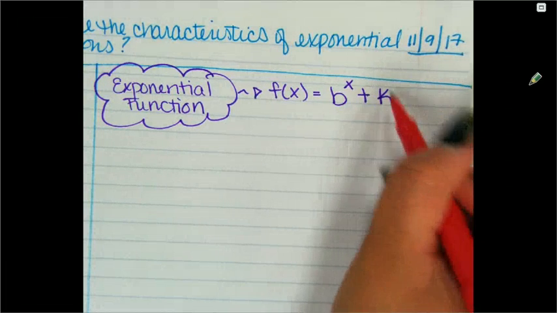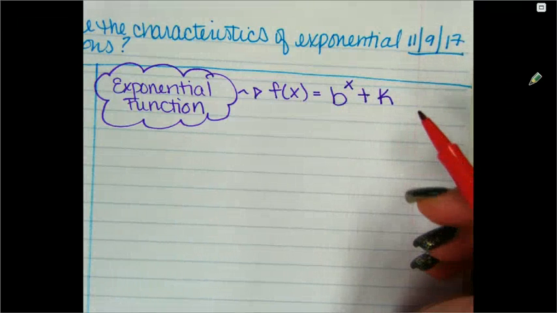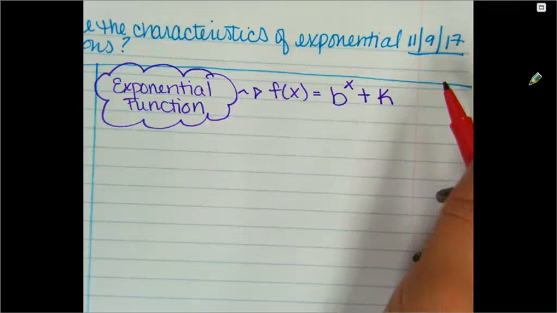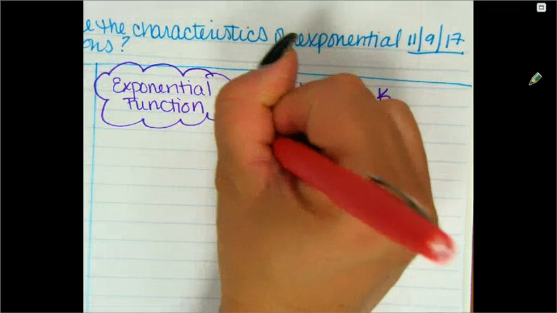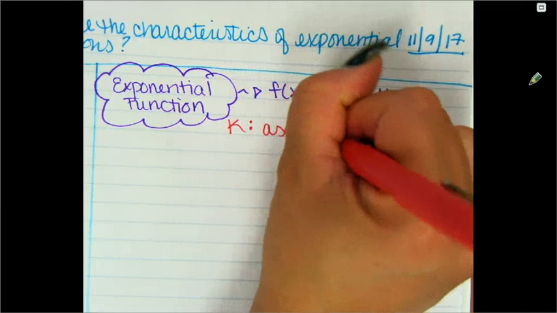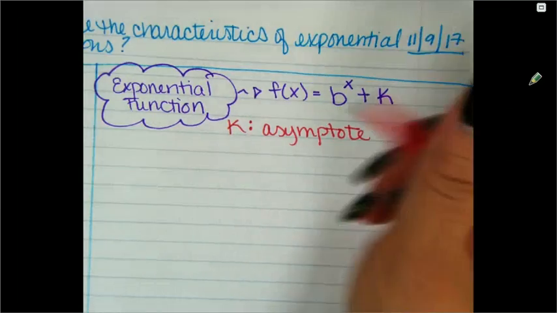Question. What do you think k is? Your vertical shift. Where do we do that? Yes, in absolute value, right? K is still the same thing. It's still a vertical shift, but it also means something else. It's also an asymptote.